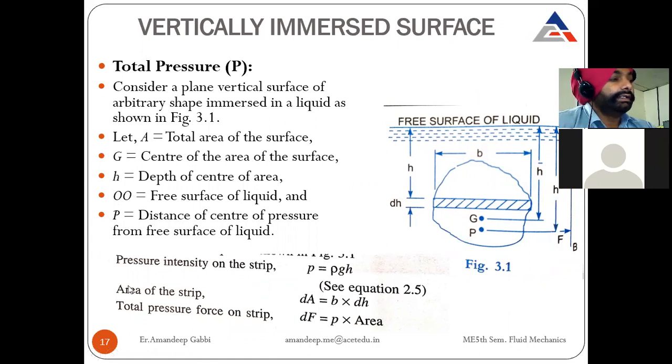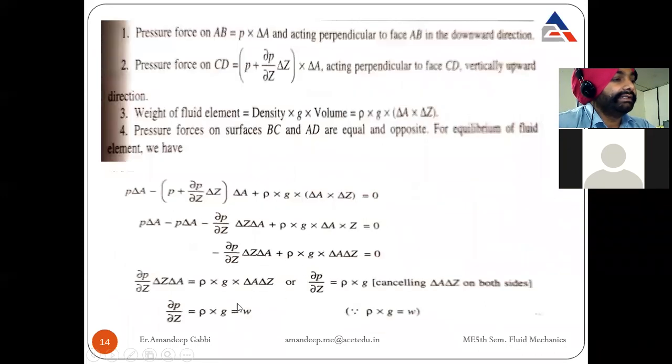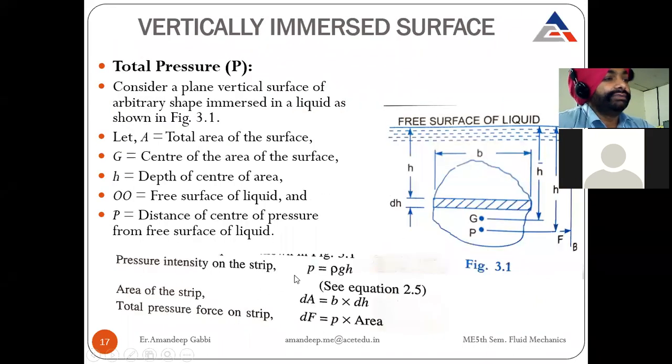Now, the pressure intensity on the strip, as we have done in hydrostatic pressure, is P equals rho g h. As I have done it in the morning, dP by dZ is equal to rho g, and if you integrate this, P is equal to rho g h or Z. So that is being used over here.